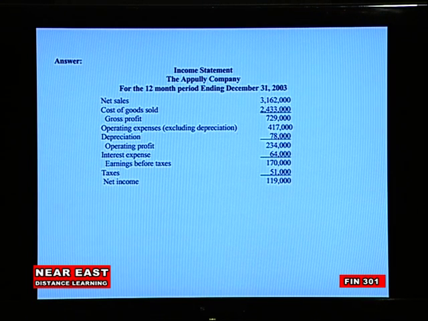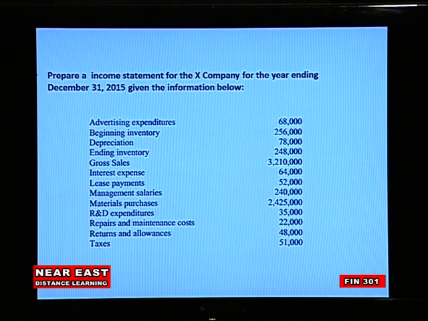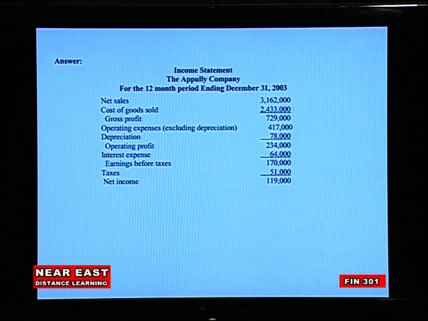The operating profit is $234. After that, we subtract interest expenses. Interest expenses in this example are $64,000. The result will be earnings before taxes.